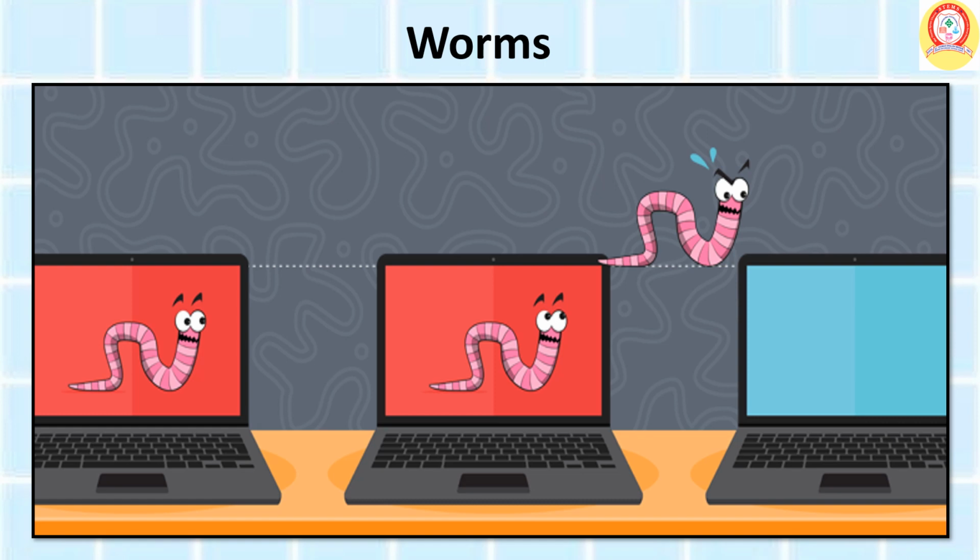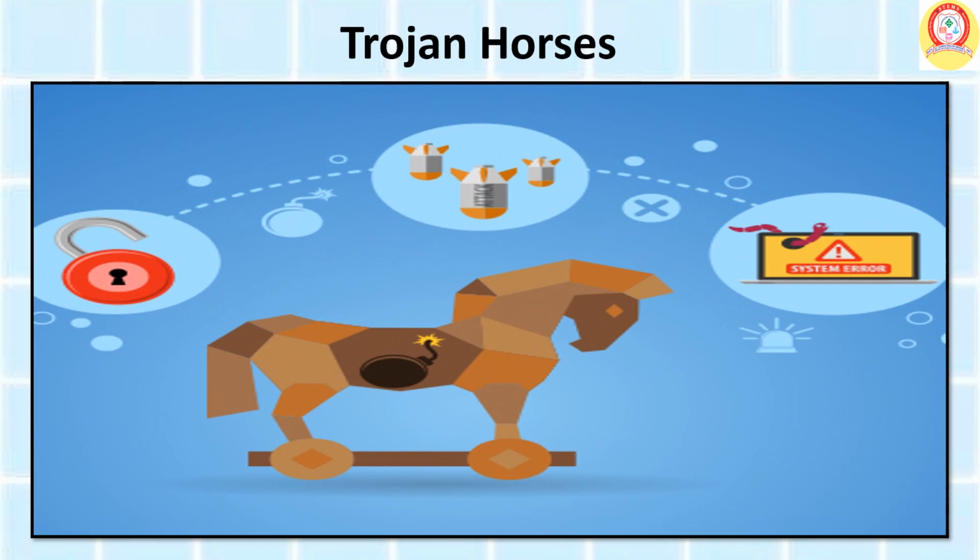Now, children, let's move to Trojan horses. A Trojan horse is a program that appears useful, but is actually programmed to pass the user's data to someone else.